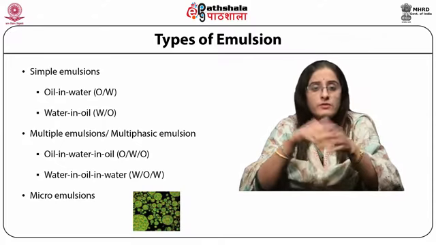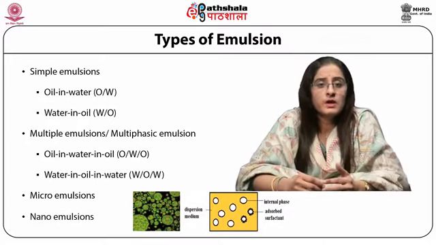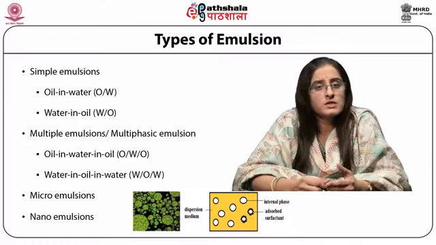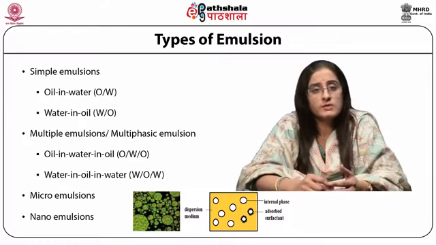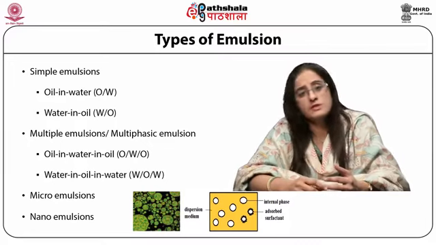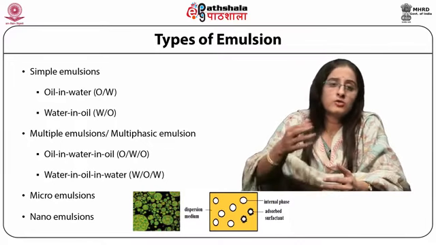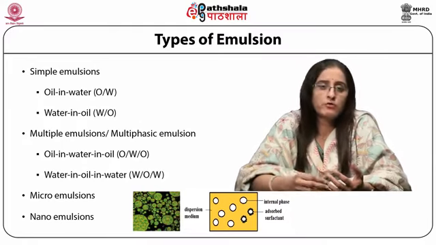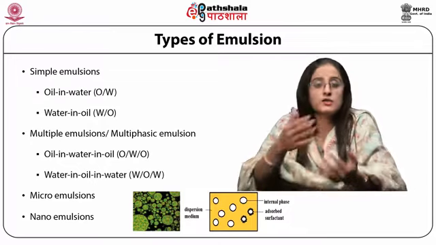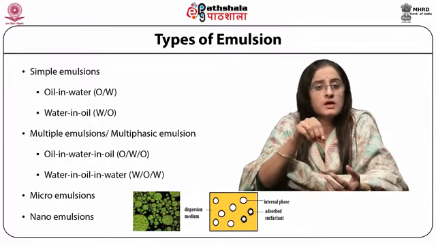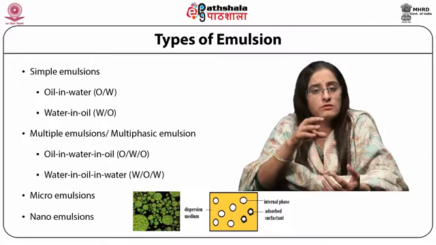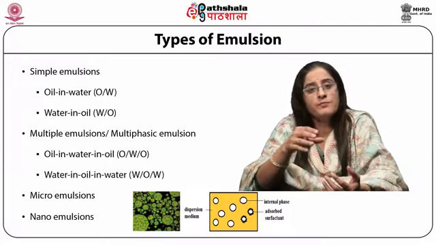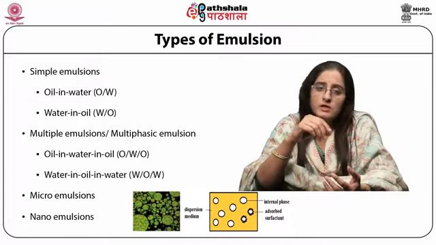Now the fourth type is the nanoemulsion system. Nanoemulsion systems are more or less the same as microemulsion systems, but they are kinetically stable and thermodynamically unstable systems. Basically, nanoemulsions are generally prepared using high shear equipment like a high pressure homogenizer and a sonicator. The globule size of a nanoemulsion system generally varies from 10 nanometer to 200 nanometer.